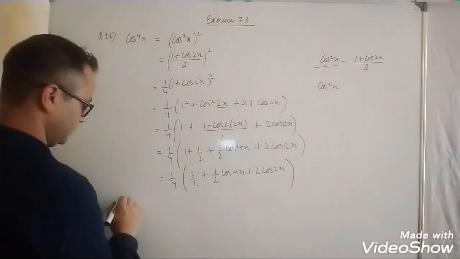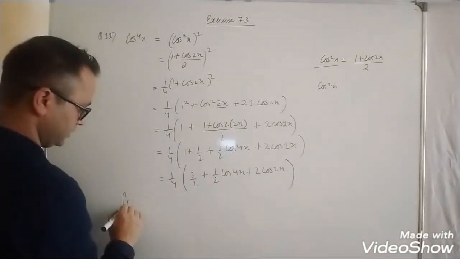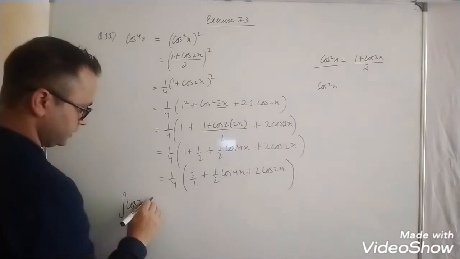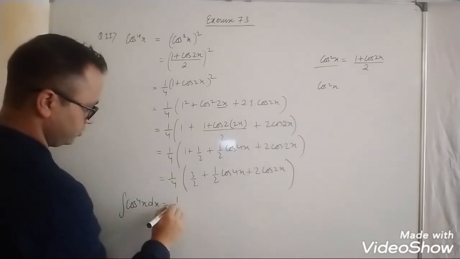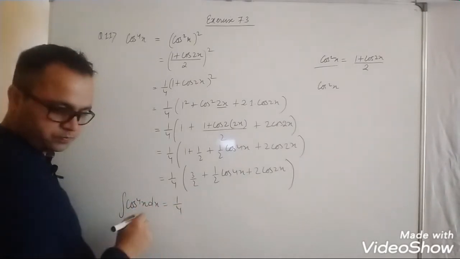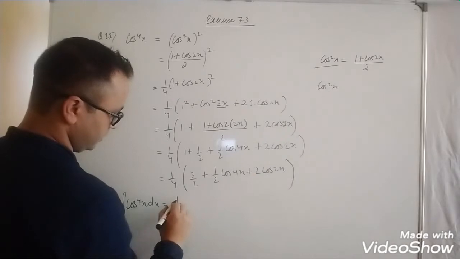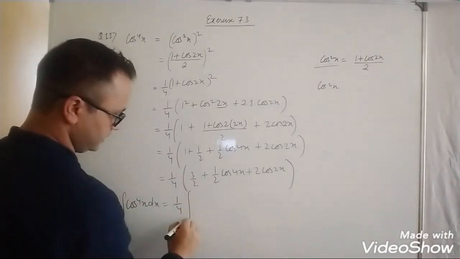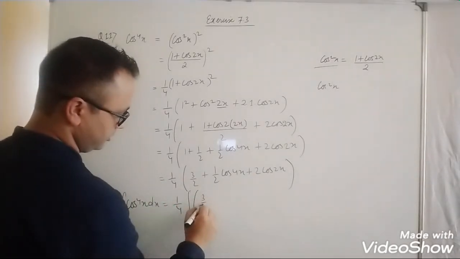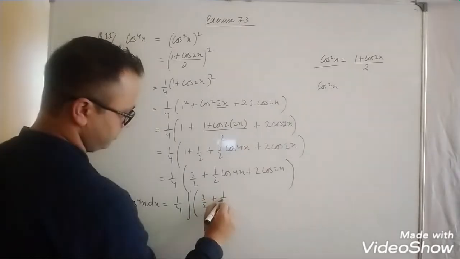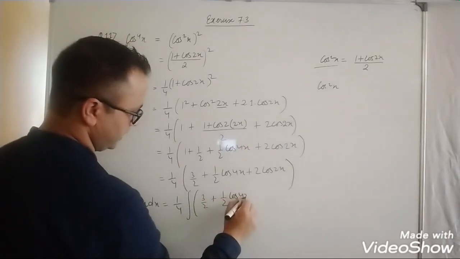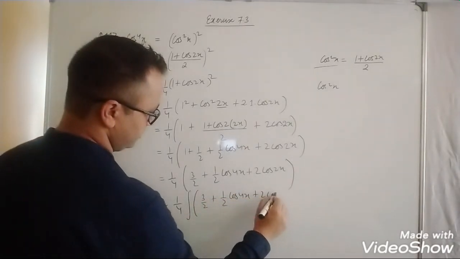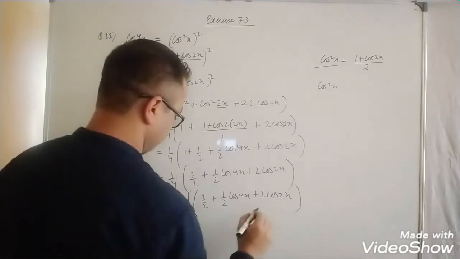Now we can integrate. Integration of cos to the power 4x dx equals, we can take 1 by 4 outside, integration of 3 by 2 plus 1 by 2 cos 4x plus 2 cos 2x dx.